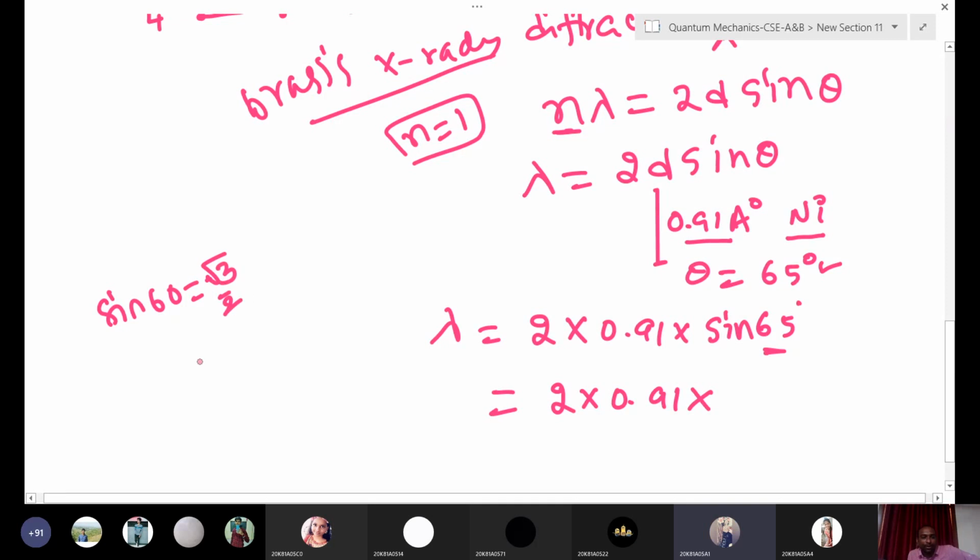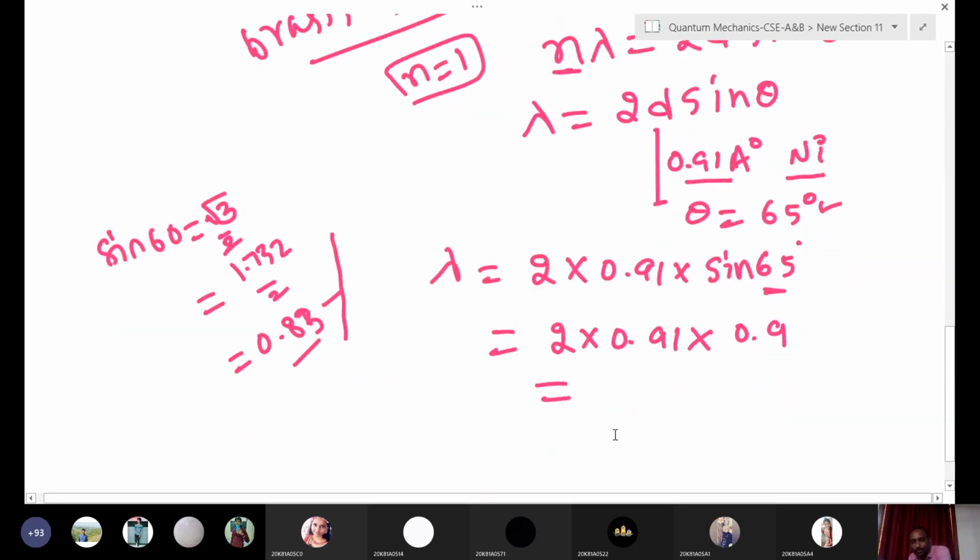Okay, very good. Root 3 by 2 means 1.732 by 2, that is 0.8 something, 0.81 something, right? Here for 65 the value will increase, maybe by 0.03 or 0.04, like that, so 0.906, about 0.9. Okay, 0.9 something like that. If you calculate, what is the value here?